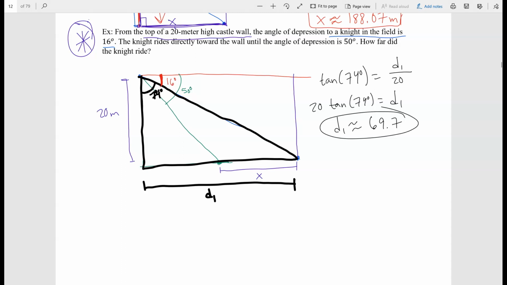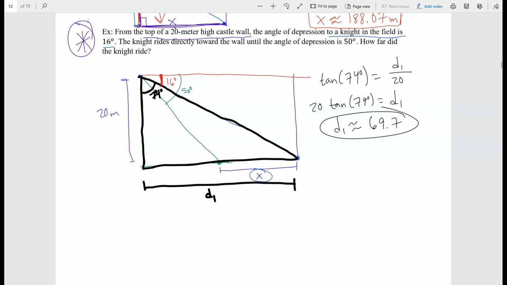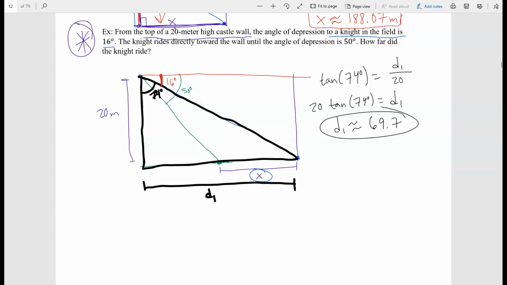Now, if I were to want to figure out x, one way that I can do it is to try to figure out what this little distance is. So you see that there's another right triangle here. Let me make it purple. So you can see that you have another triangle right here.